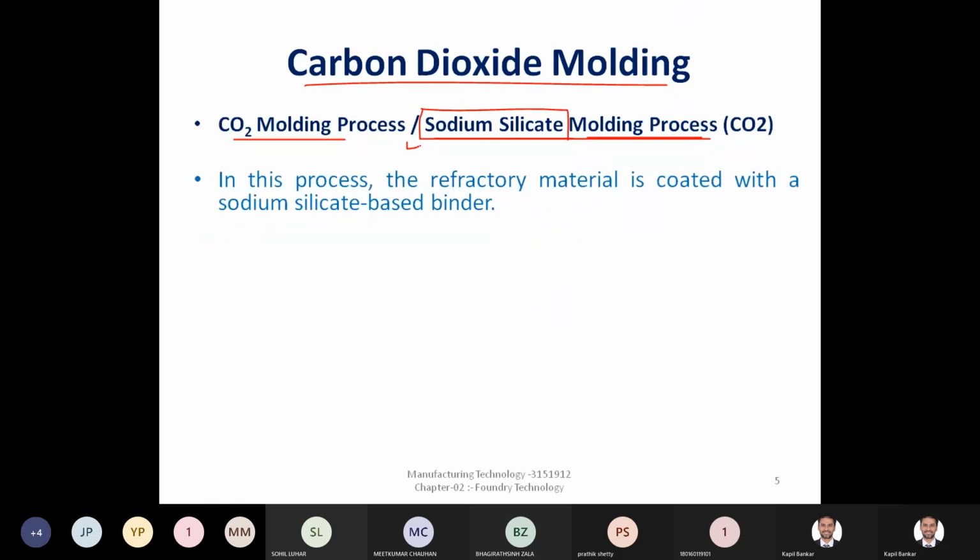In this process, the refractory material, meaning sand, is coated with a sodium silicate based binder. So sodium silicate is nothing but a binder. This sodium silicate can be used to coat the refractory material to create the mold.